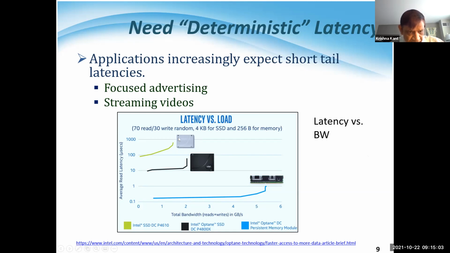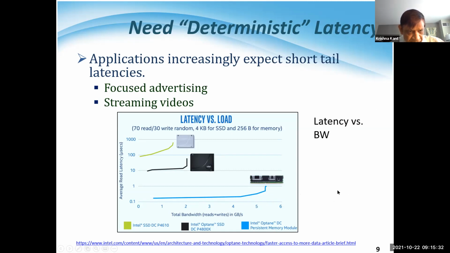The latency increases very rapidly. In the middle, you have the Optane SSD, which is the Optane technology in storage mode, and you can see that it's very flat. Of course, at the end, it spikes up. And then you have the Optane memory, which is again very flat for the longest time, and then at the end, it spikes up.